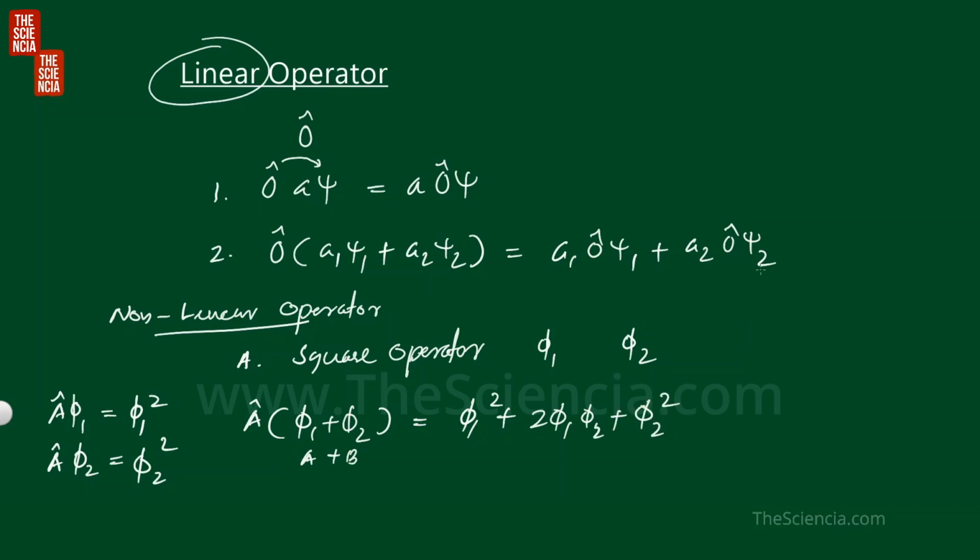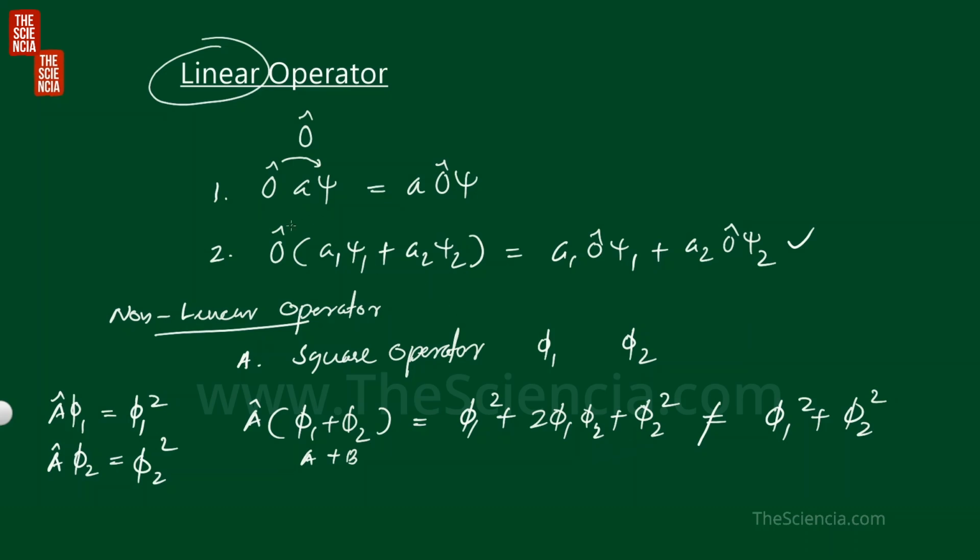If it were operating like a linear operator, then it would be equal to psi 1 square plus psi 2 square. But here we obtained psi 1 square plus 2 psi 1 psi 2 plus psi 2 square. So this is definitely not a linear operator.